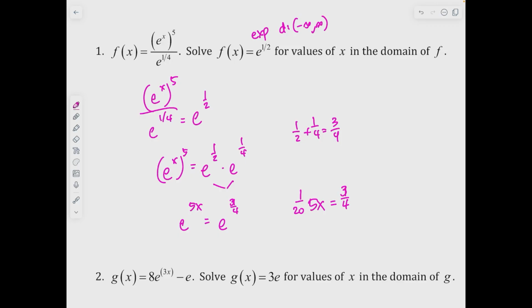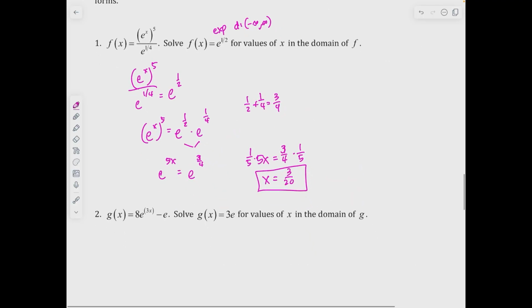Oh, not 1/4, 3/4. I'm sorry, I got my numbers mixed up. And then I multiply by 1/5 to the other side. So therefore, x equals 3 over 20. And that would be my answer there. Okay, so that would be the first one.